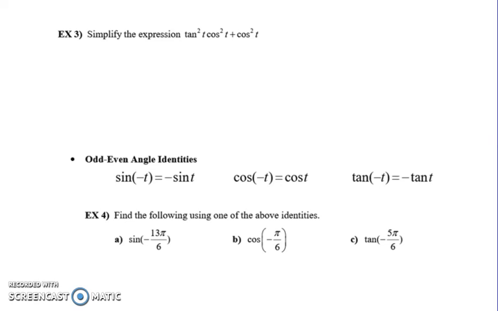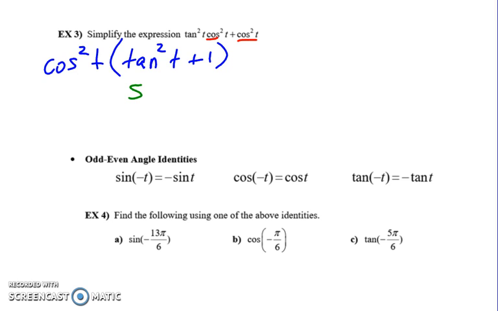So we're simplifying cosine squared t times tangent squared t plus cosine squared t. We can factor out a cosine squared t. So we're left with cosine squared t times tangent squared t plus 1. We just were shown that tangent squared t plus 1 is secant squared t.